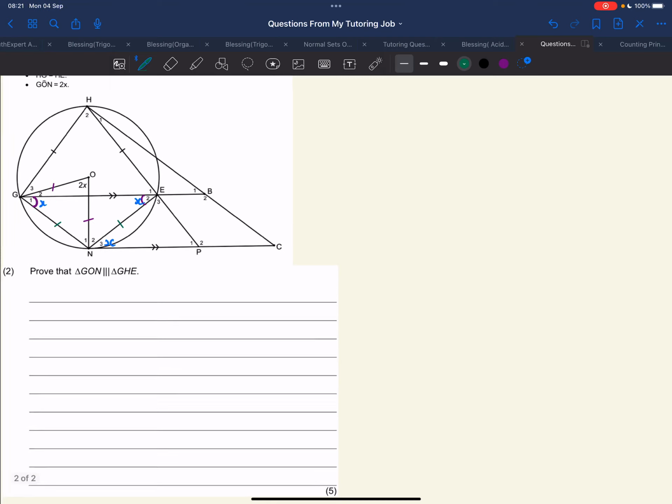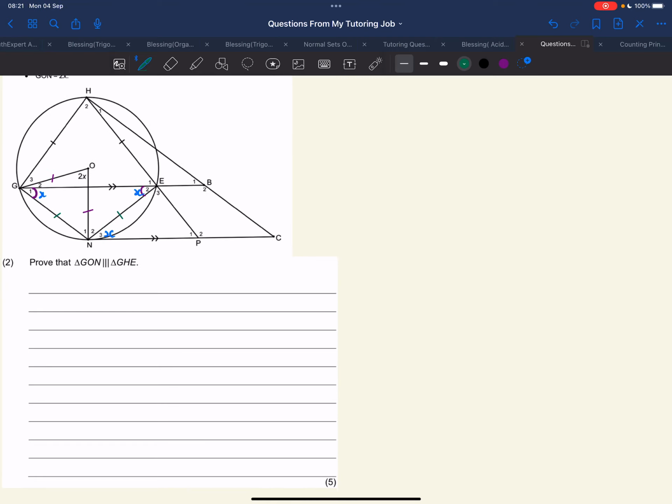Okay, right now in question 2, they want us to prove that triangle GON is similar to triangle GHE.